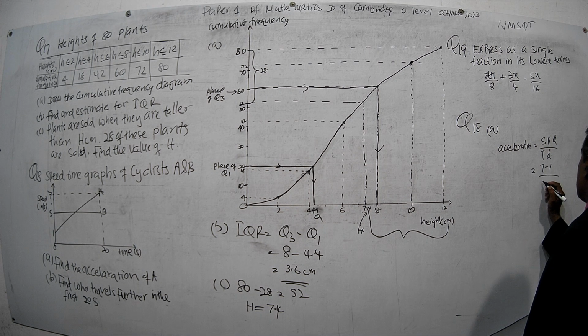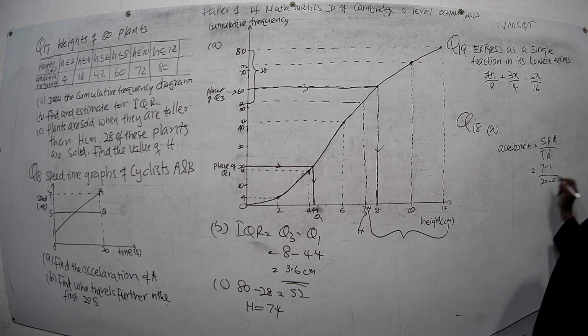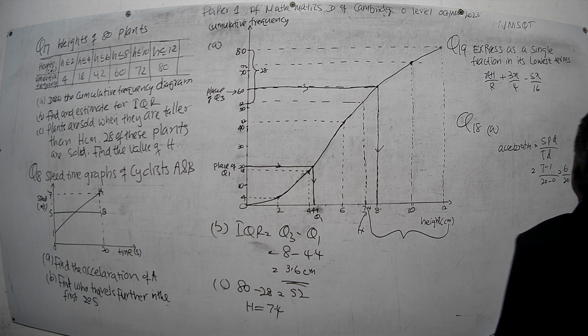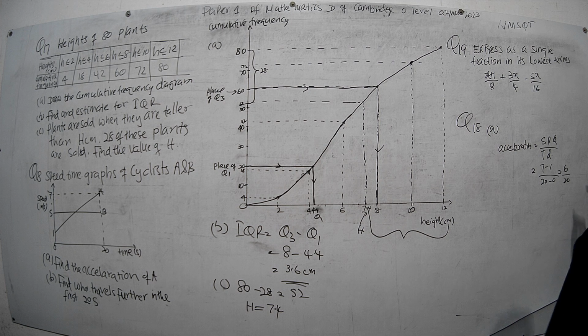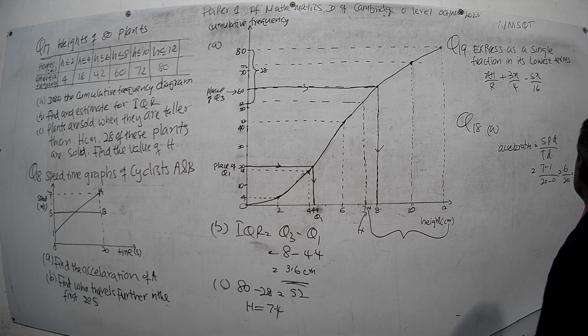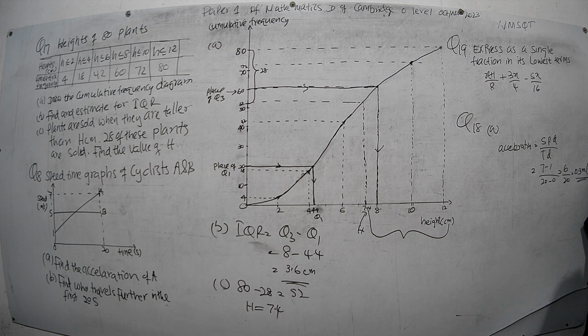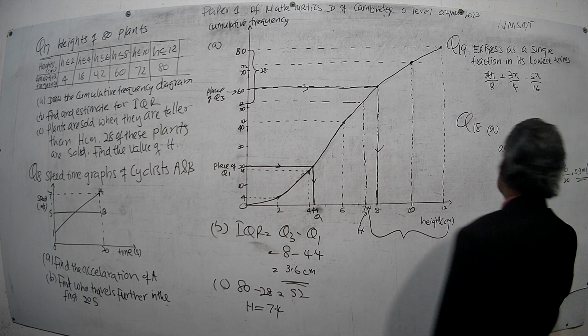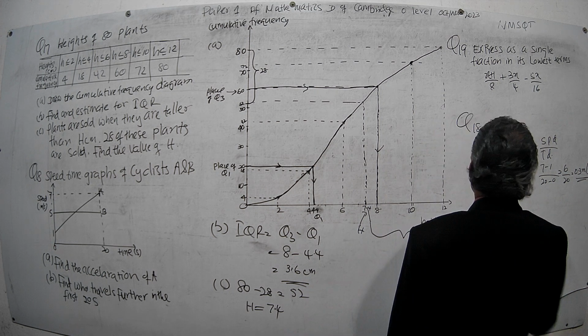Time difference is 20 minus 0. 7 minus 1 is 6, 20 minus 0 is 20. Then 6 divided by 20 is 0.3 meters per second squared. Right, so that is the unit, meters per second squared, 0.3 meters per second squared.